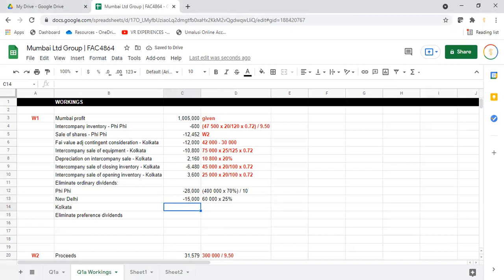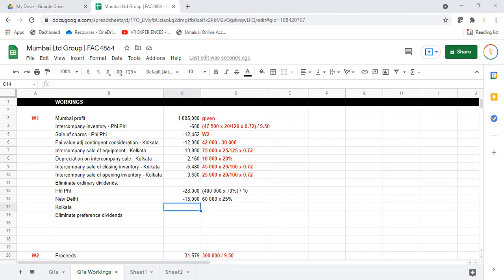Then for Kolkata, on 31 August 2018, Kolkata declared a dividend of 30,000 Rand.